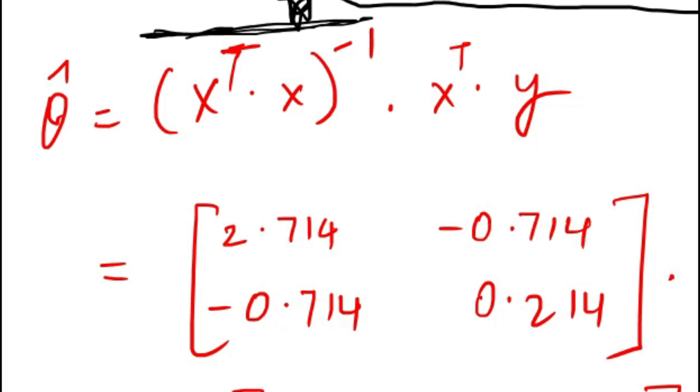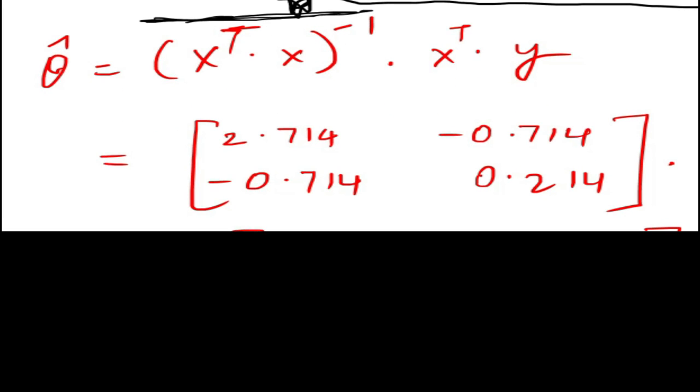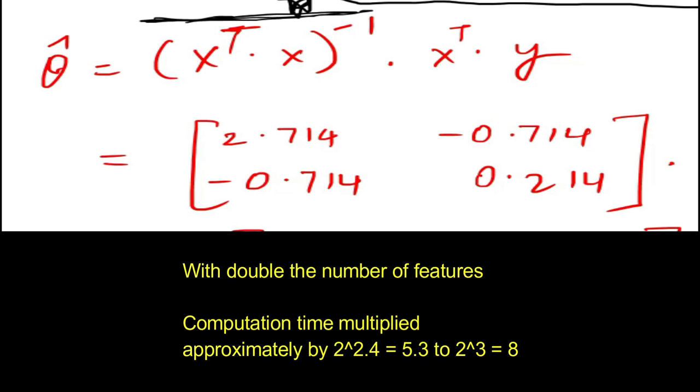The numerical computational complexity of inverting this n by n matrix is of the order between n to the power 2.4 and n to the power 3. If we double our number of features, the computation time is multiplied by approximately between 5.3 and 8, theoretically speaking. Herein lies the main issue of not being able to use the normal equation for a large number of features.